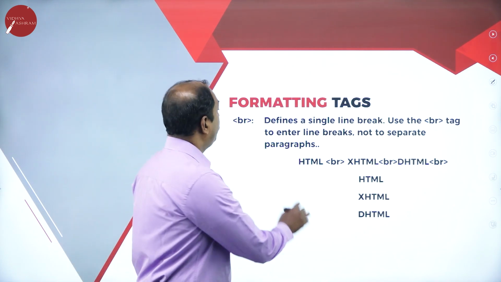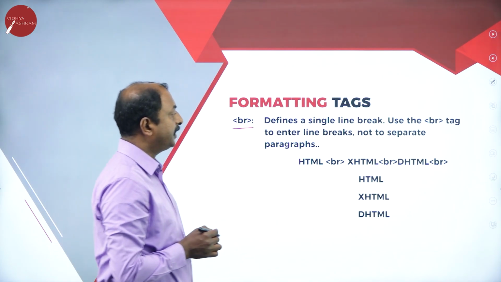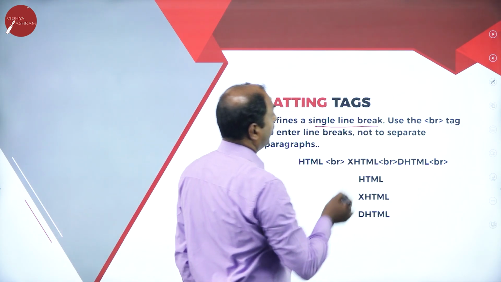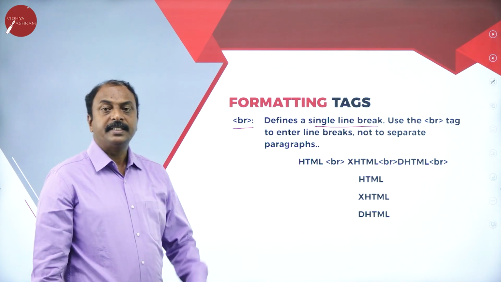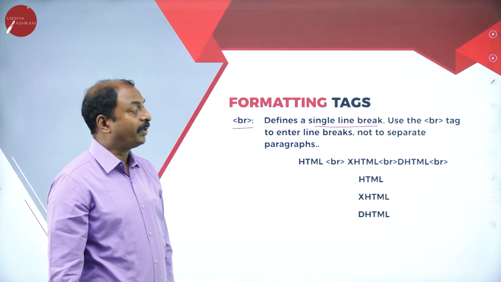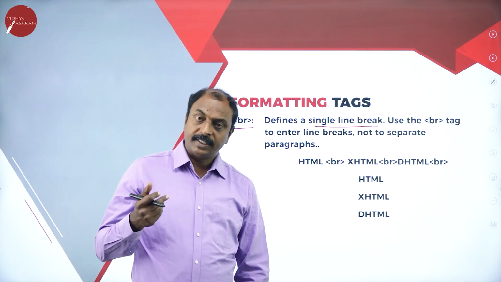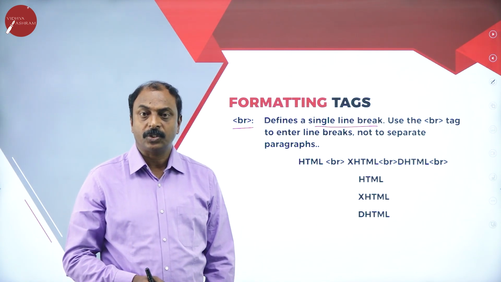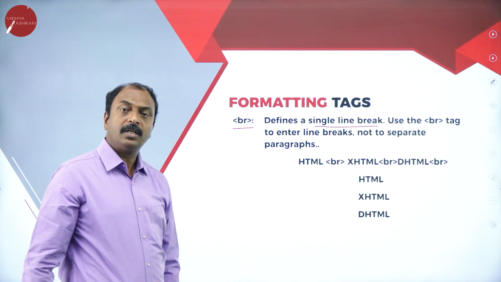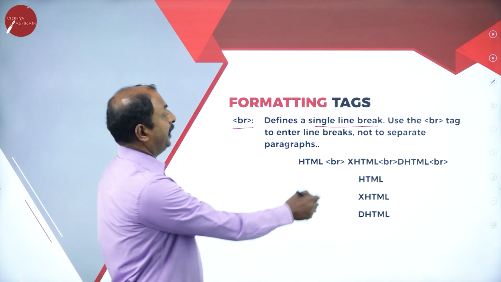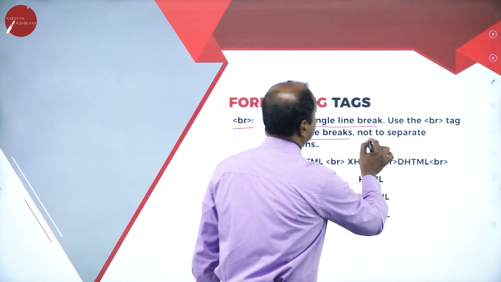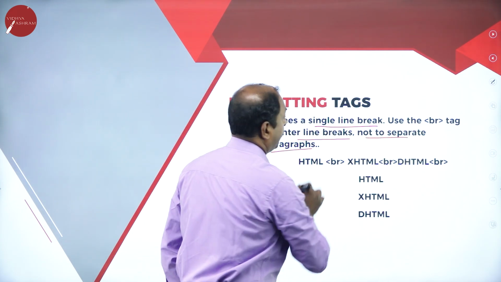Next one is the BR tag. It defines a single line break. What is the meaning of line break? It means making the text appear line by line, one below the other. We make use of the BR tag, which stands for line break, to enter a line break, not to separate a paragraph.